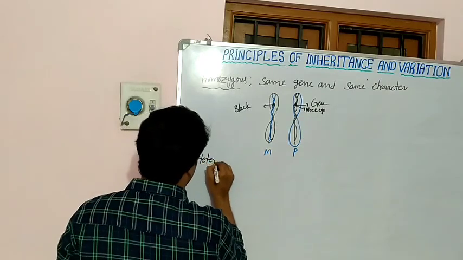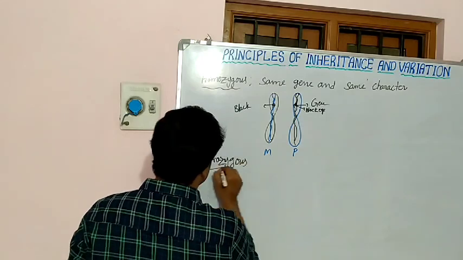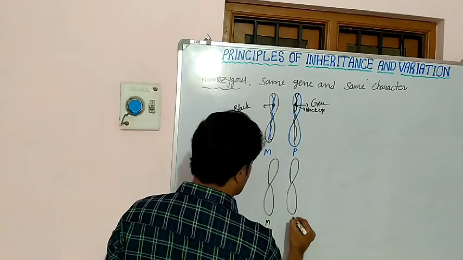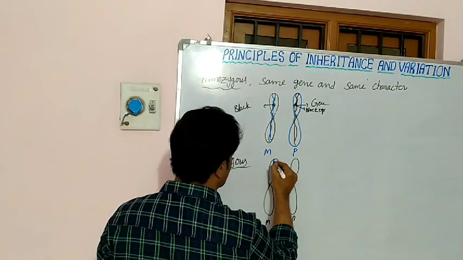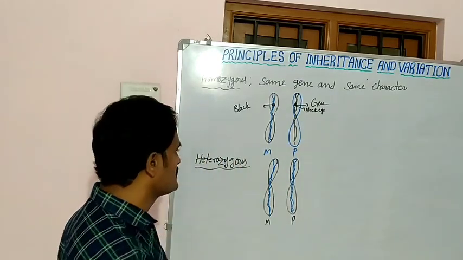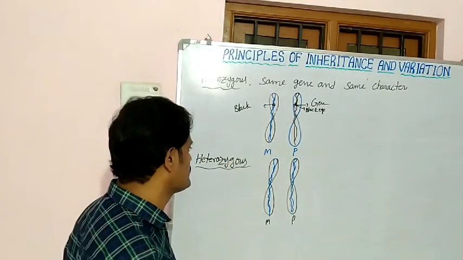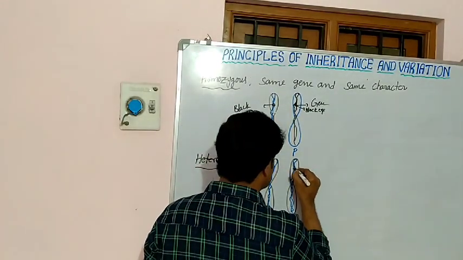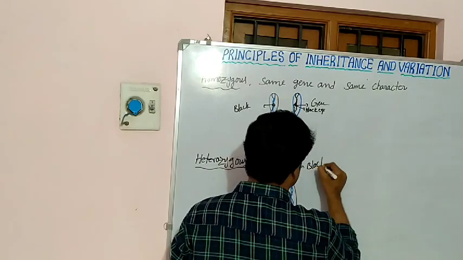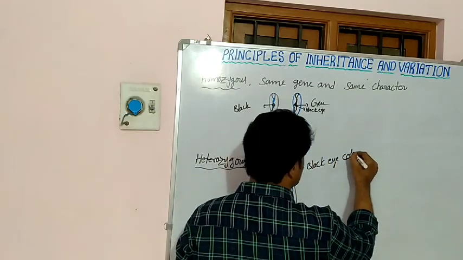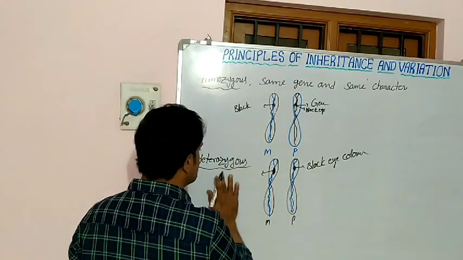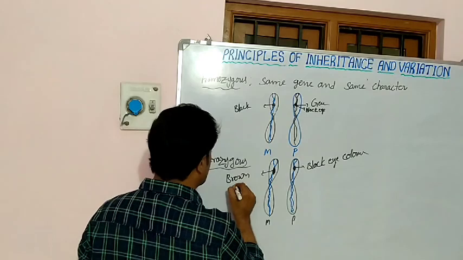Next, the second one is called heterozygous. Heterozygous means here also two chromosomes, maternal and paternal, with double stranded DNA inside. But the difference from homozygous is this: suppose in this part of the DNA, this gene is responsible for black eye color, but the gene on the other chromosome is responsible for brown eye color.